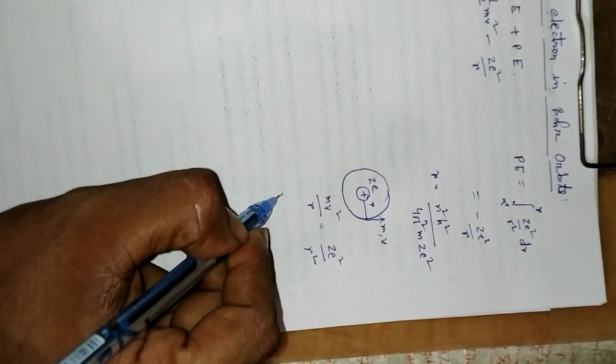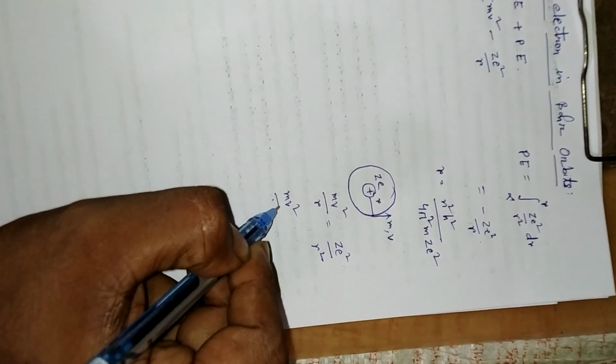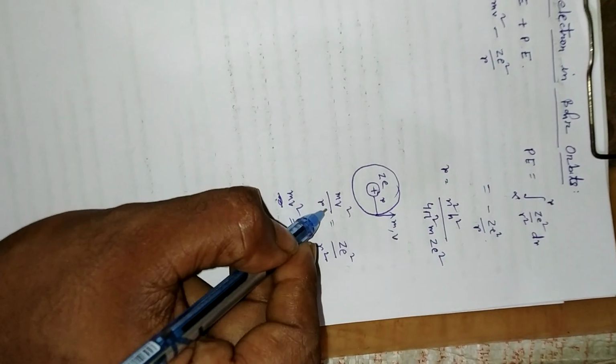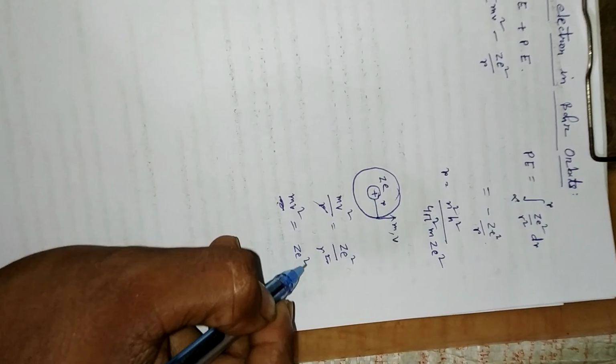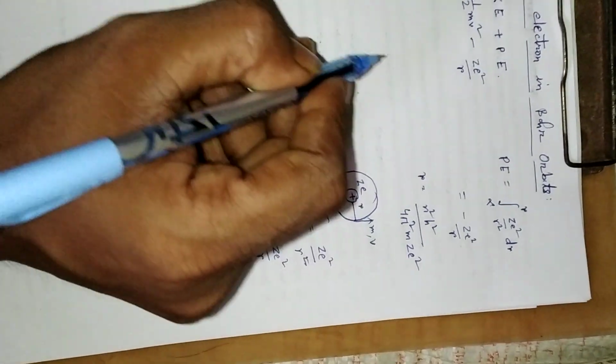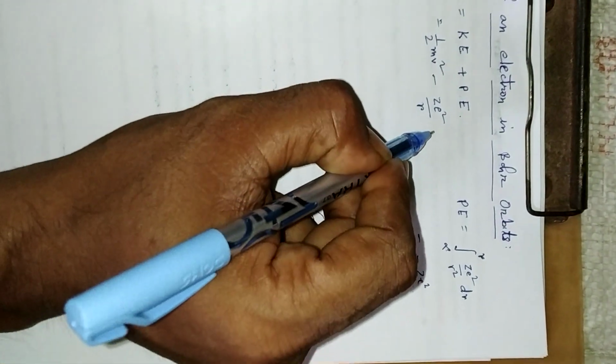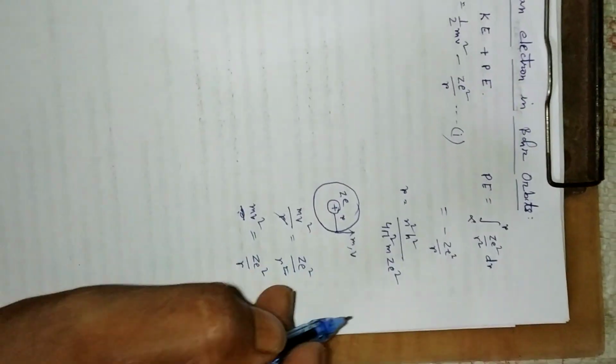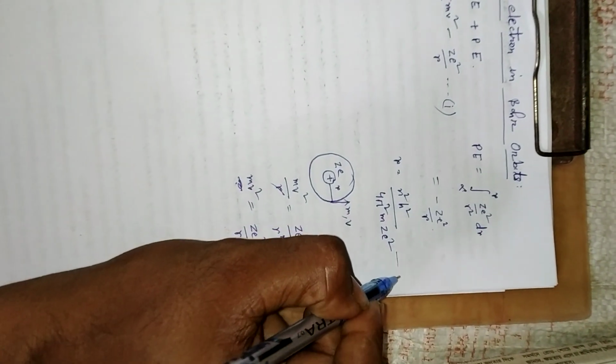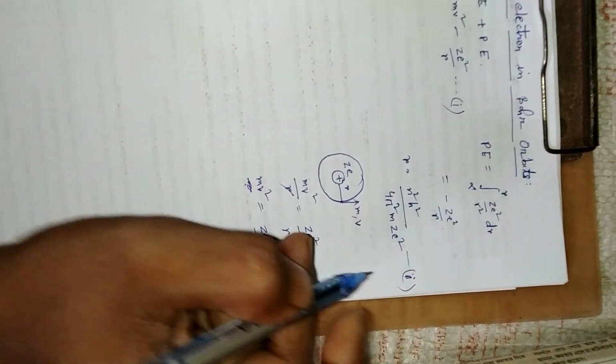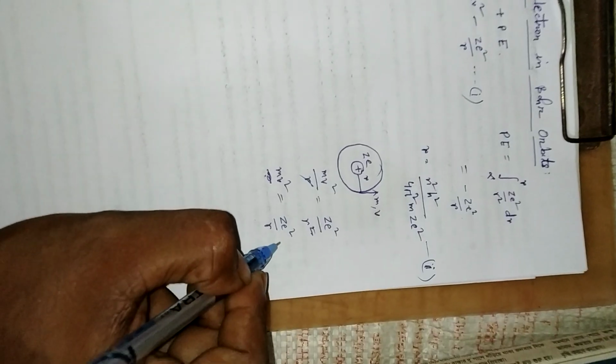So mv square by r, or mv square, equals z square by r. Suppose this is expression 1, this is expression 2, this is expression 3.